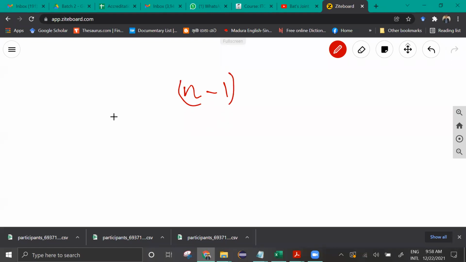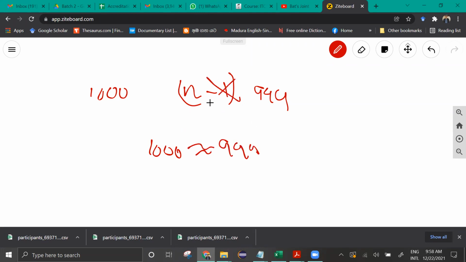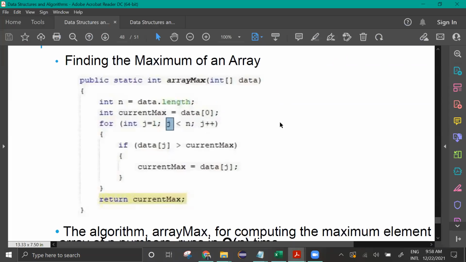Suppose n is 1000, then this would be n minus 1, 999. That is almost the same, so we just consider it as n. This program iterates n times.